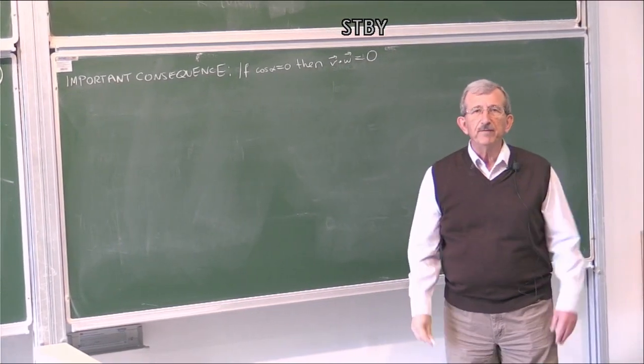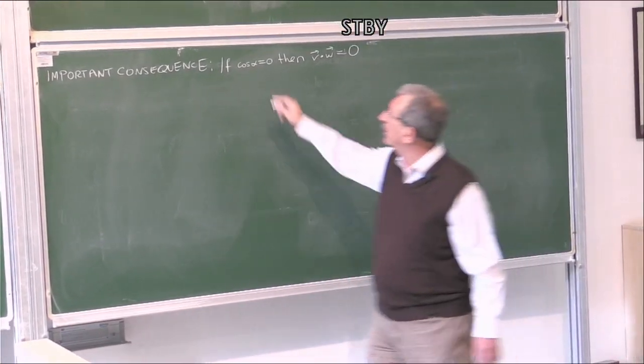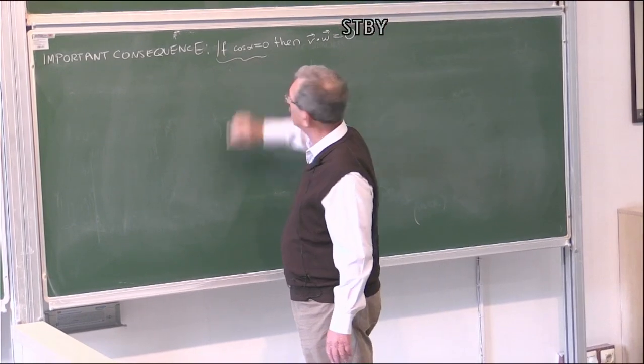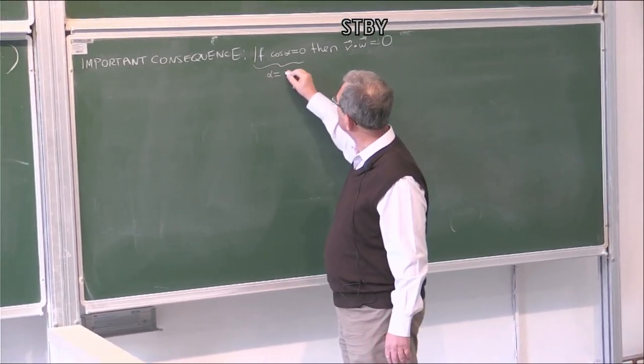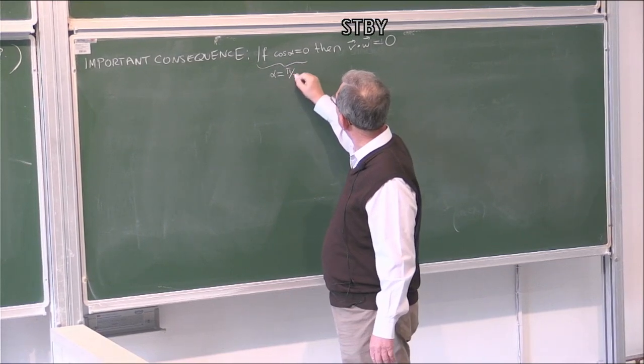But what does it mean that cosine alpha is 0? Because alpha is between 0 and pi, alpha is pi over 2.